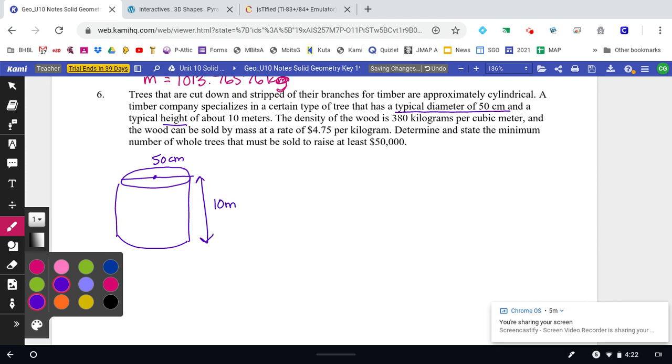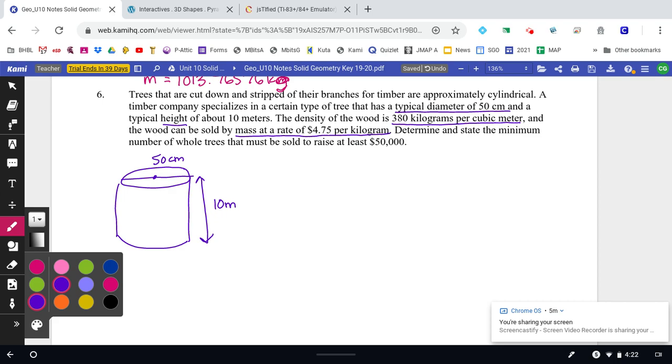The density of the wood is 380 kilograms per cubic meter, and it's sold at a rate of $4.75 per kilogram. Determine and state the minimum number of whole trees that must be sold to raise at least $50,000.